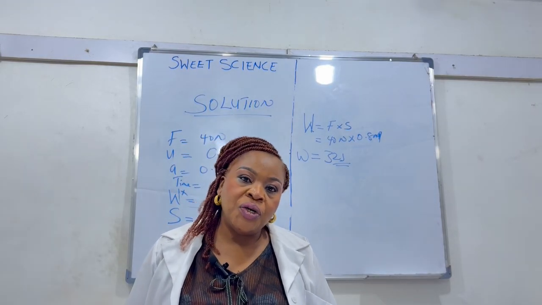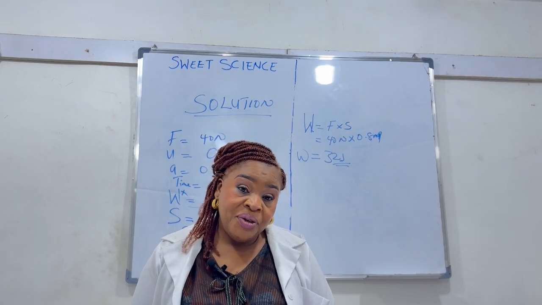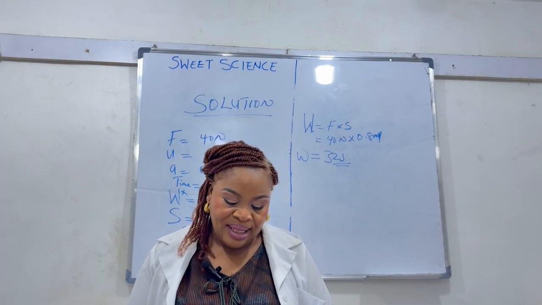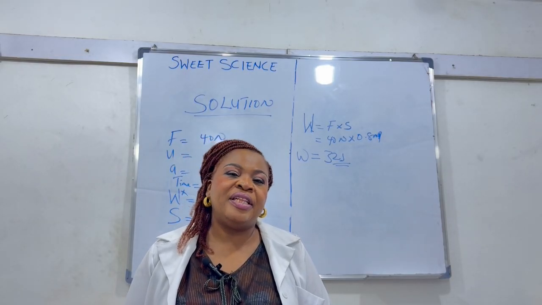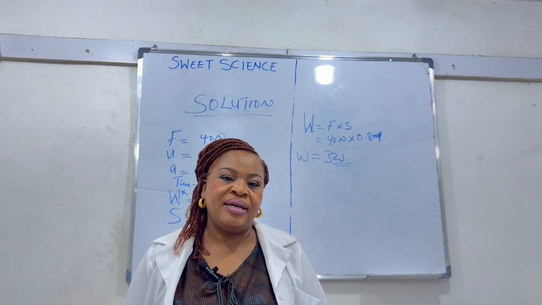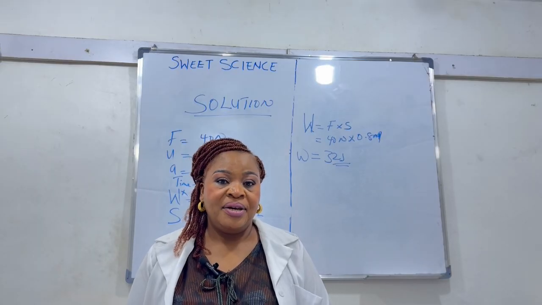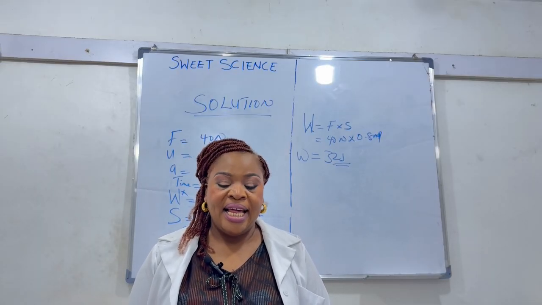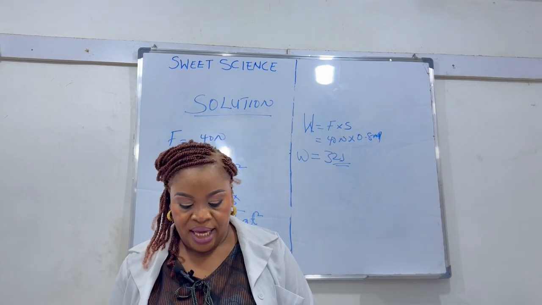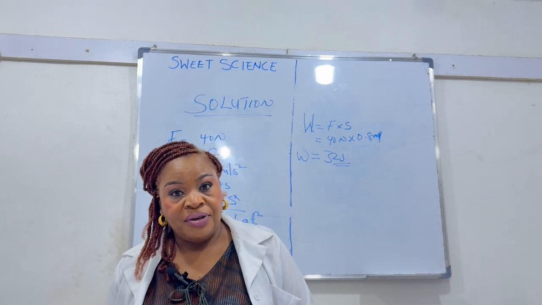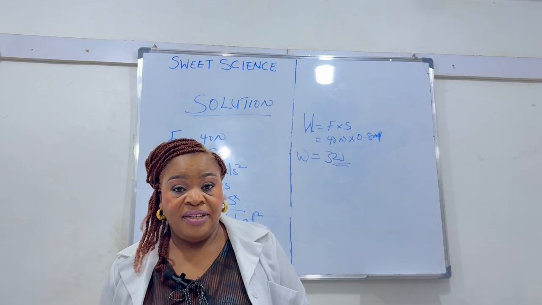Remember, you always read meaning into the question. First of all, you ask yourself the formula for efficiency when it comes to machines. Efficiency is power output all over power input times 100%. That is efficiency.